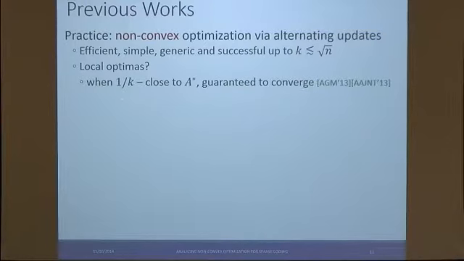And we don't even know much. I think even just one year ago, we started to know that if we start with a matrix 1 over k close to A star, column-wise, so that each column is already 1 over k close to the ground truth, then this is guaranteed to converge in L2 norm, in Euclidean distance.